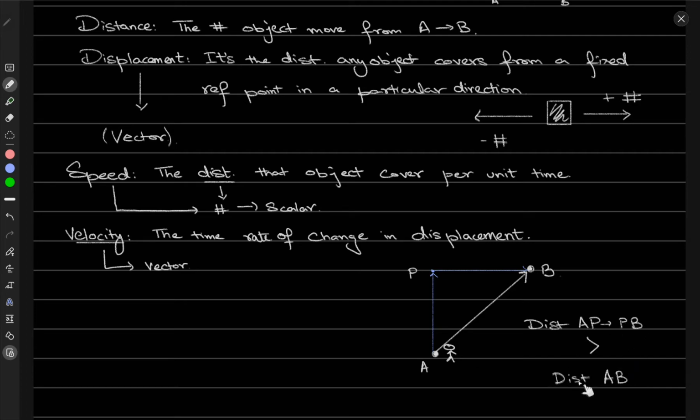And the shortest path between these two points, which is this line AB, is known as the displacement.